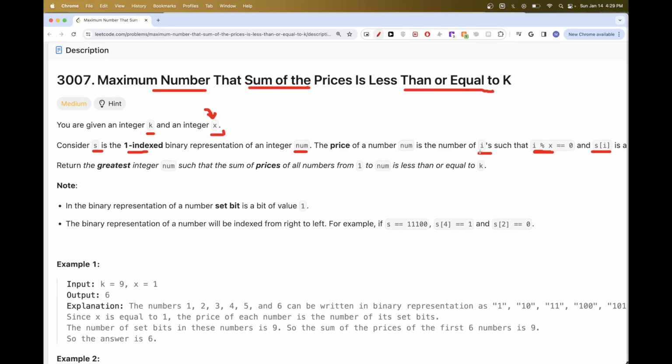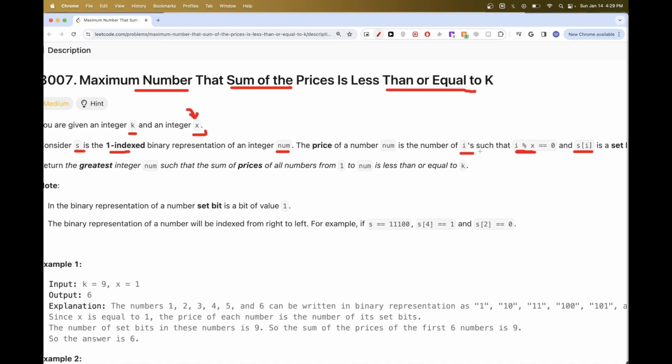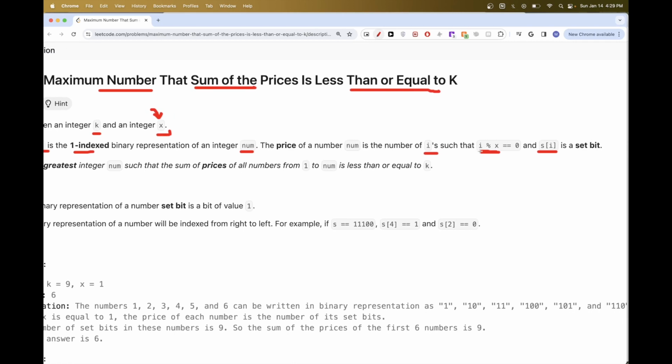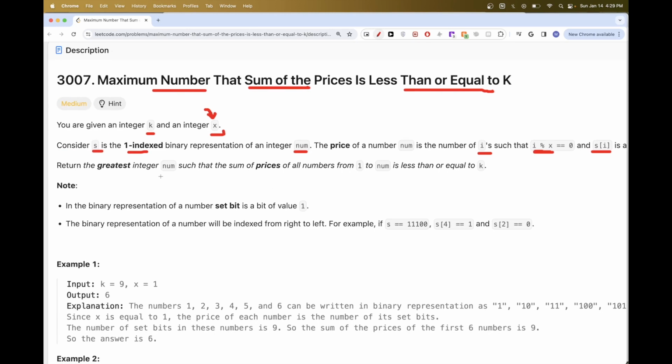So the price of any given number is the number of bits set in positions that are multiples of x. And what we want is to find the greatest integer such that the sum of all the prices from 1 up to that integer is less than or equal to k. Okay, so that's the idea here.